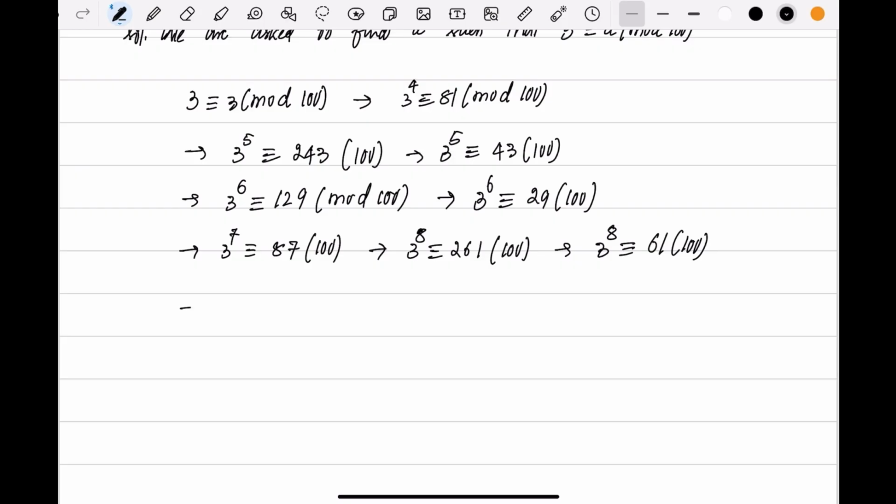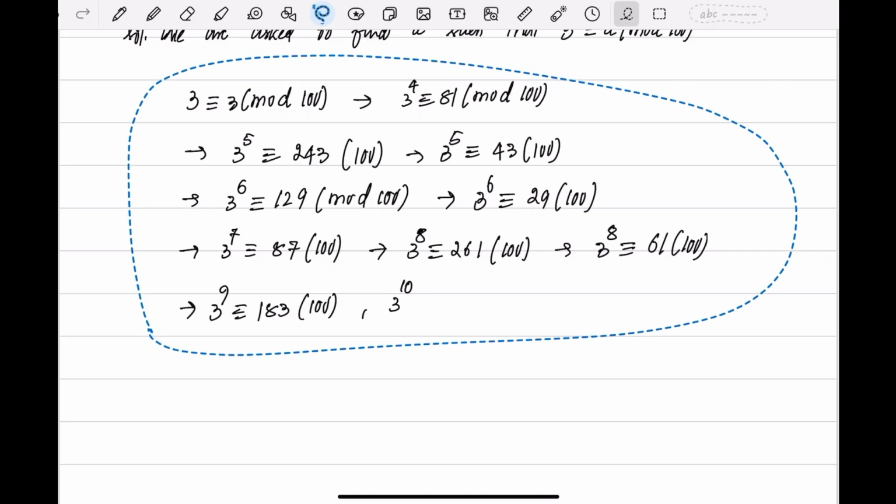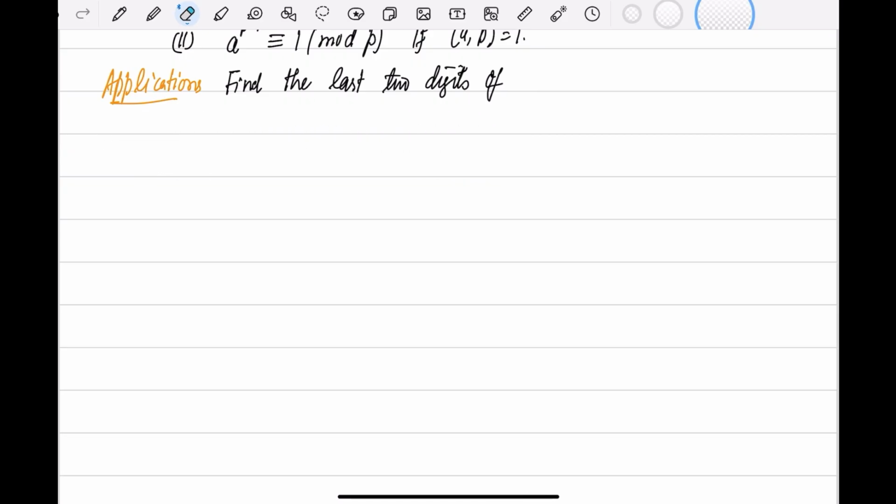Then 3 power 9 is congruent to 183, that is 83 mod 100, then 3 power 10. Unfortunately we have to make so many calculations here. This is taking too much time, so we will erase this part and take a different question that will have fewer calculations.